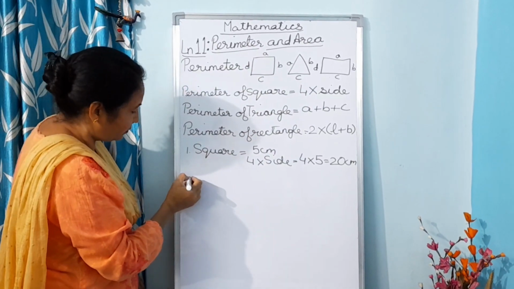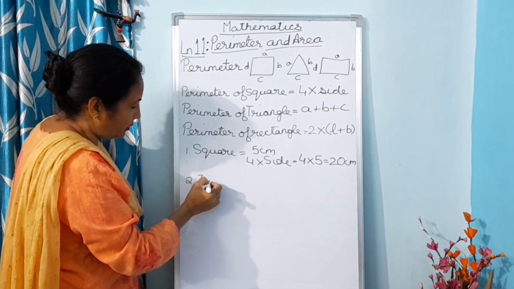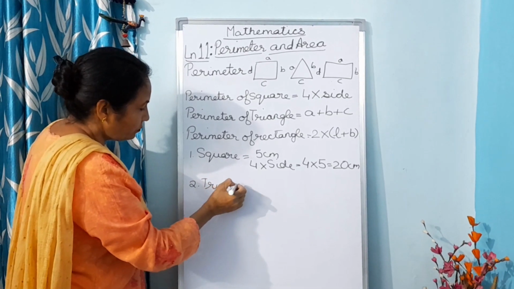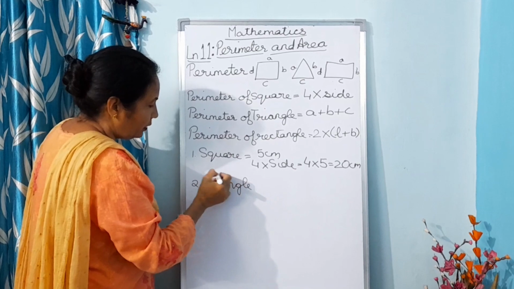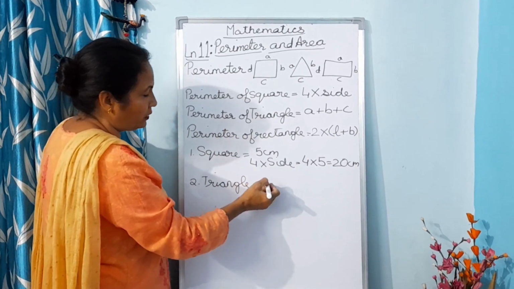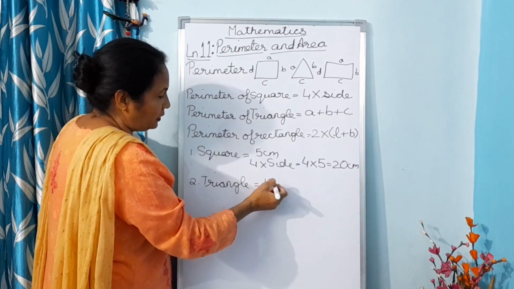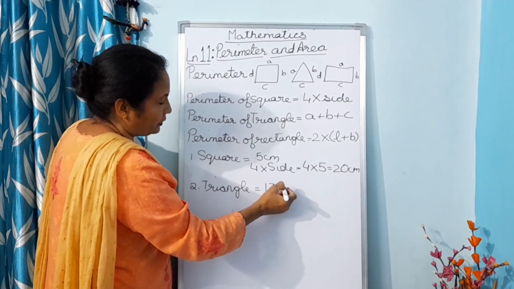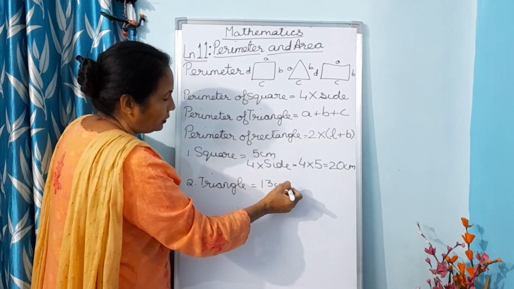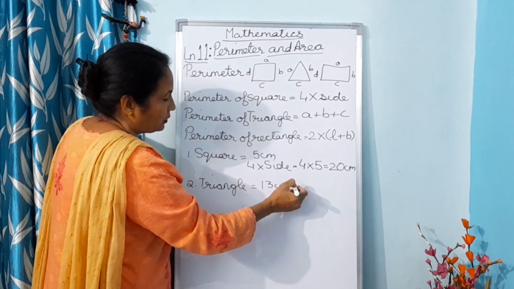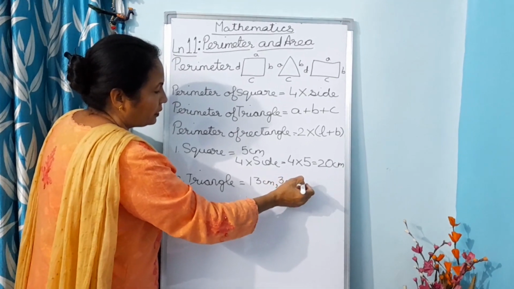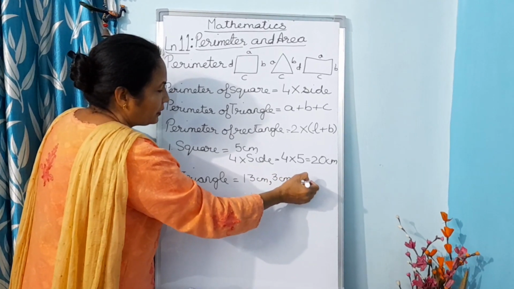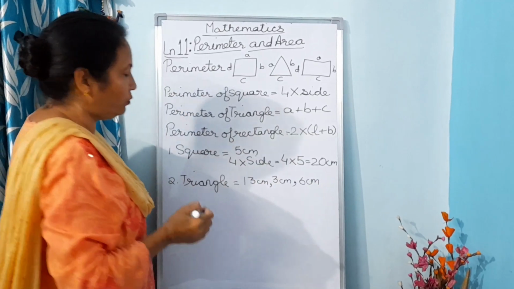Next is triangle. In triangle, children, one side is 13 centimeter then one side is 3 centimeter and one side is 6 centimeter. So now what are you going to do?